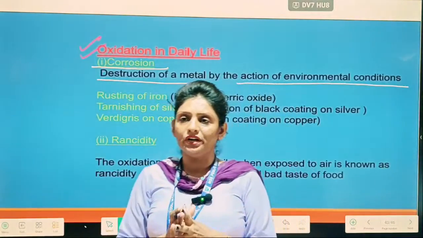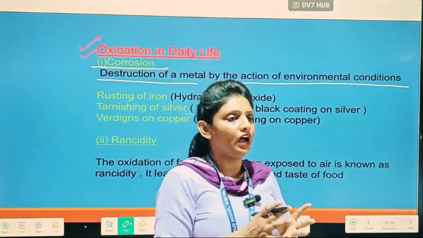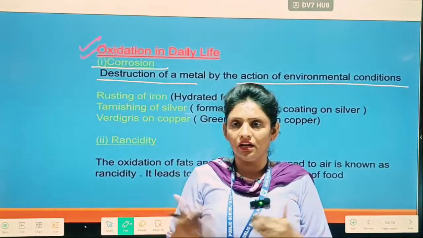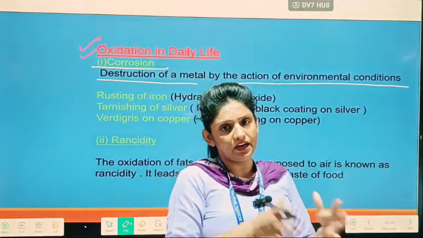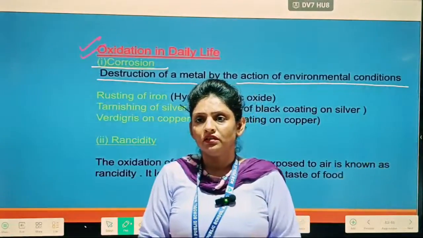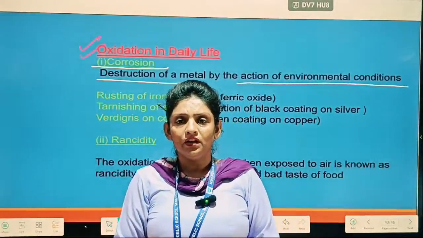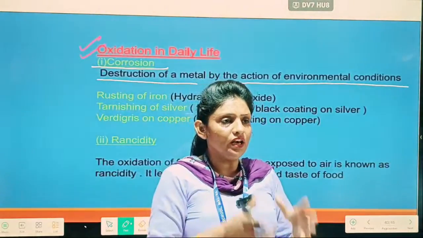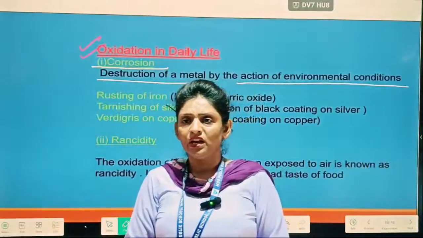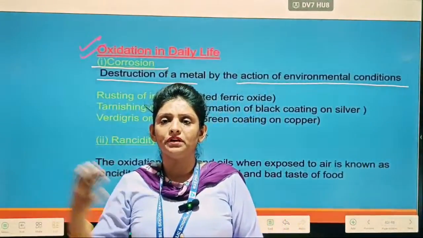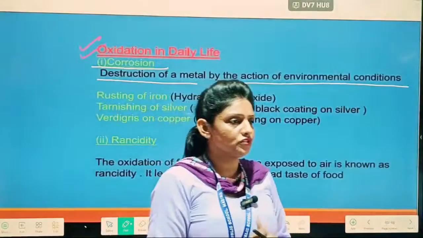For example, students, let us consider you are having an iron article. If you keep that iron article in atmosphere for a long time, then what will happen? That iron article will react with air present in atmosphere. It will react with some water vapors present in atmosphere.